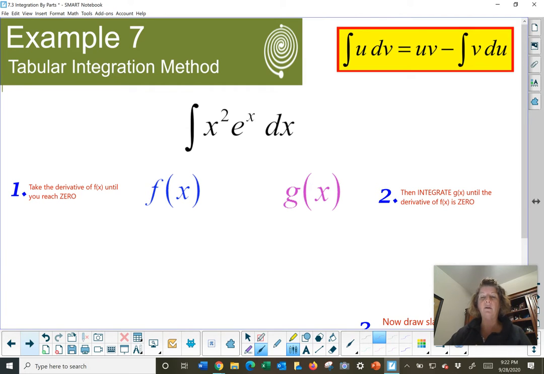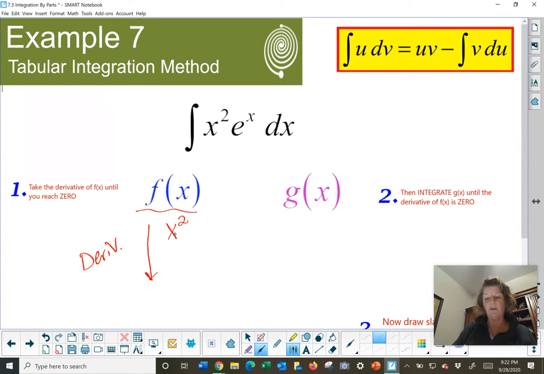Let's do the integral of x squared e to the x, which we did earlier in notes, and we had to do a couple integration by parts steps to do this. So I'm going to select my u to be x squared, and I need to take its derivative.